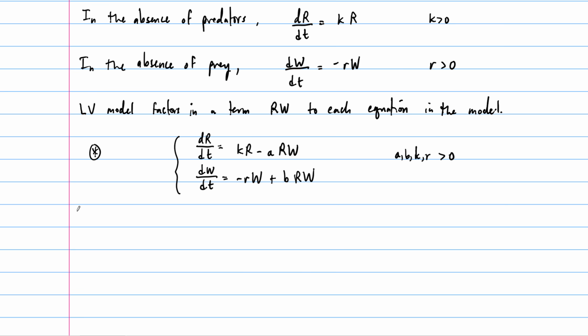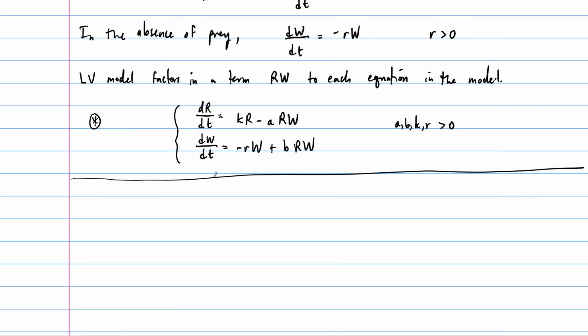Now, this is a model that has two differential equations that are what we call coupled. You can't solve the equation for R without knowing something about W, and the same thing is true about W. You can't solve the equation for W without knowing something about R. So these are called coupled differential equations.